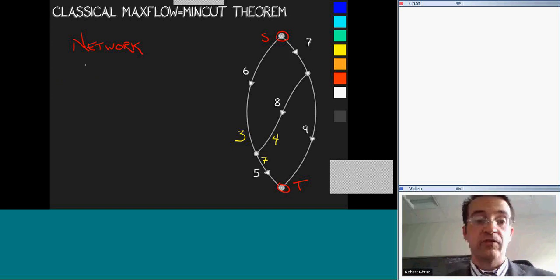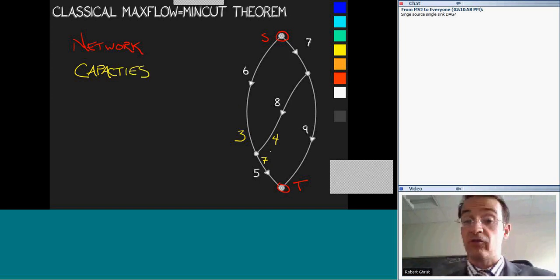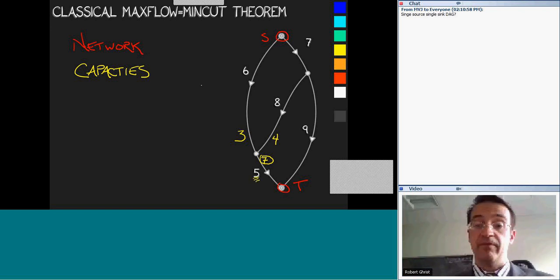Now there are constraints or capacities associated to these edges. What these do is they constrain how much can come. So for example, this guy down here would be illegal because the maximum amount of flow you can have on this edge is equal to 5.